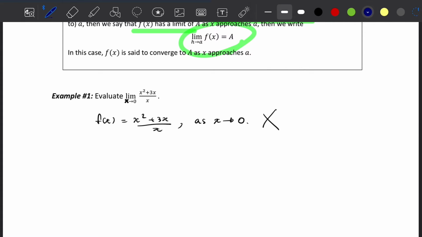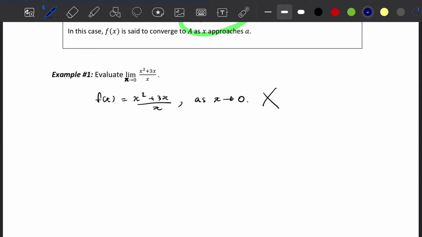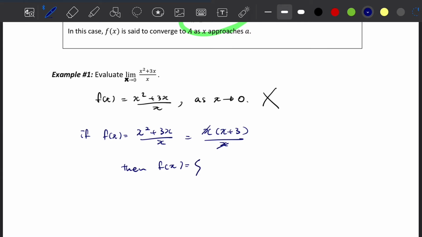So the proper way of solving this limit is, we know that if f of x is equal to x squared plus 3x over x, this is the same as x times x plus 3 over x, right? And this gets simplified. Then we can say that f of x is x plus 3, which is possible if x is not equal to 0, as f of x is undefined if x is equal to 0, right?